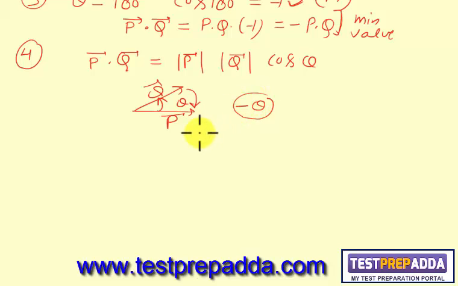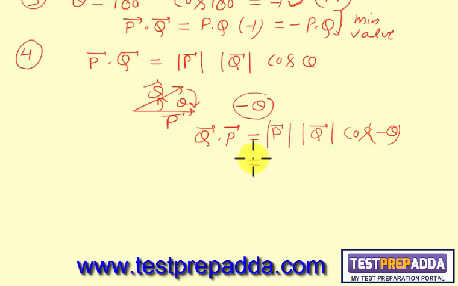In that case, I will say Q dot P. Vector Q dot vector P. Obviously, if you take Q vector as the first vector, you have to write vector Q dot vector P. And in that case, you have to take angle from Q to P. So it becomes modulus of P, modulus of Q, cos minus theta. And cos minus theta is nothing but cos theta.